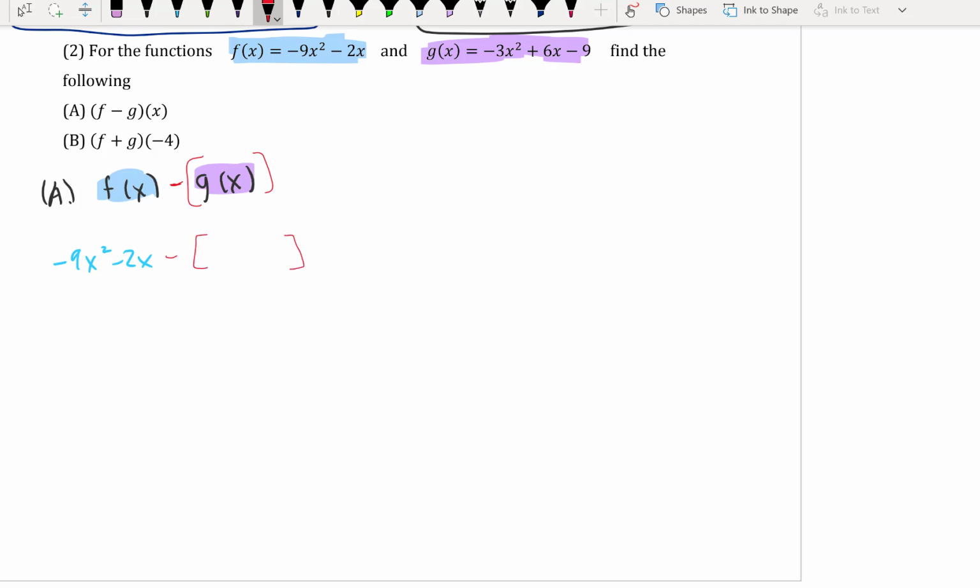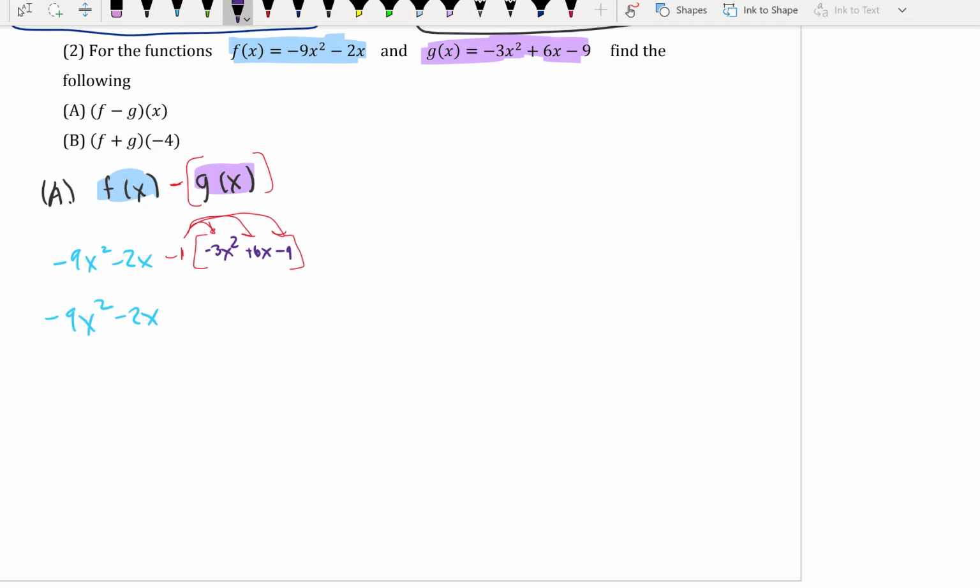So that way I know I'm going to distribute that negative into everything. So that function g of x was a negative 3x squared plus 6x minus 9. And you can think of it as a negative 1 that's going to be distributed to everything.